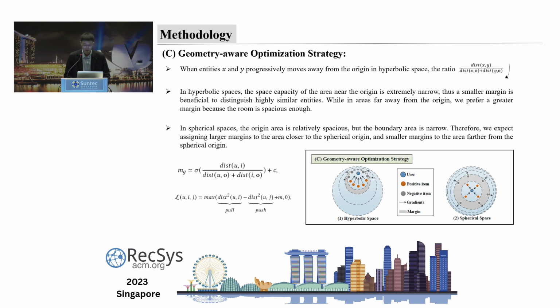Second, in spherical spaces, the origin area is relatively spacious, but the boundary area is narrow. Therefore, we expect assigning larger margins to the area closer to the spherical origin, and smaller margins to the area farther from the spherical origin.